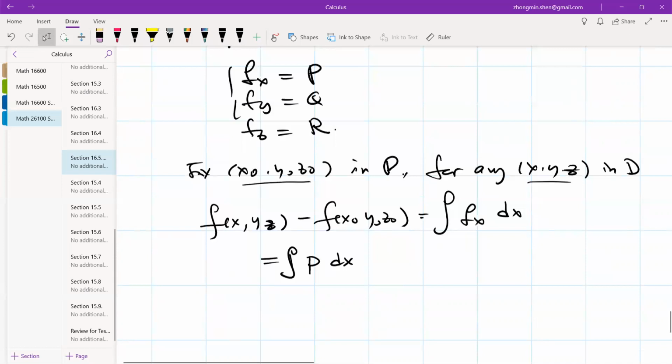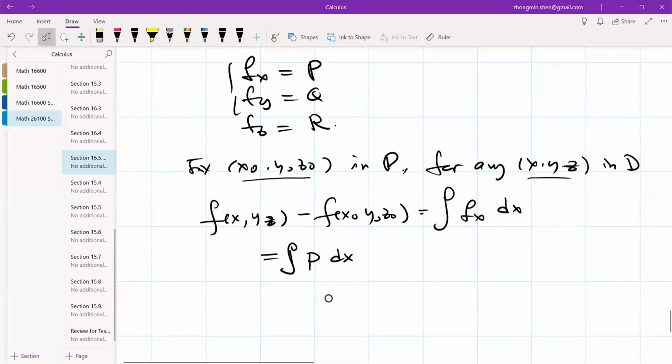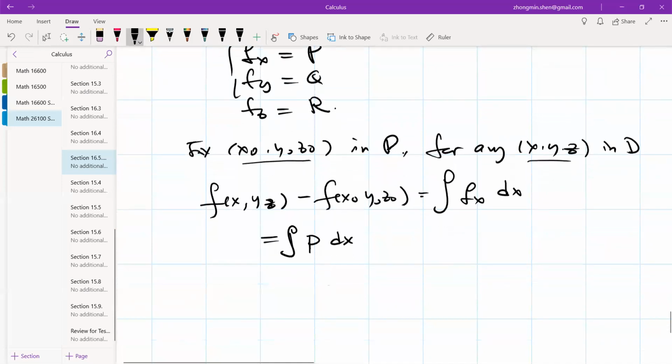Then you end up with the integral of the partial derivative of P with respect to y, but that can be switched to Q. So this is the idea. Then the partial derivative is put into the second equation.